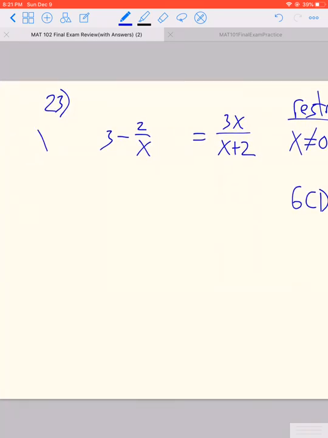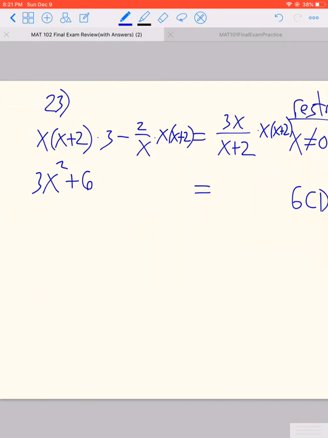So I'm going to multiply the first one times x times x plus 2, and the other terms by x times x plus 2 as well. For the first term, x times x plus 2 times 3, I can think of it as x times 3, which will give me 3x, and then I can distribute the 3x into the parenthesis. 3x times x is 3x squared. 3x times a positive 2 would give me 6x.